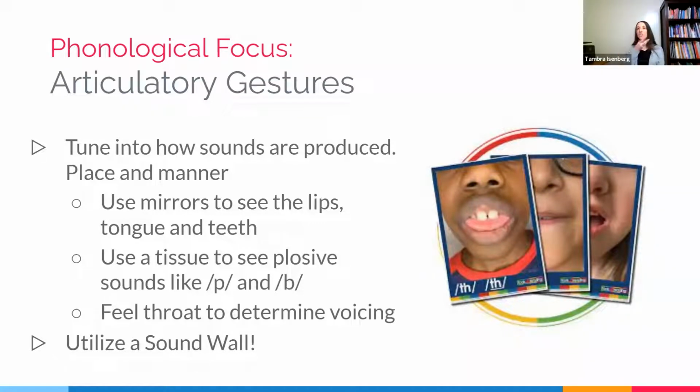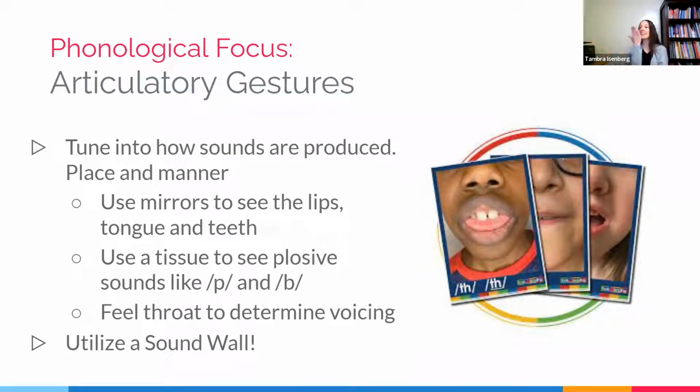So we can draw our students' attention to those and to our mouths as well. Students can also make errors with airflow, such as if they were writing, I have a thin pen. So some confusions can be with airflow, such as ch and sh.